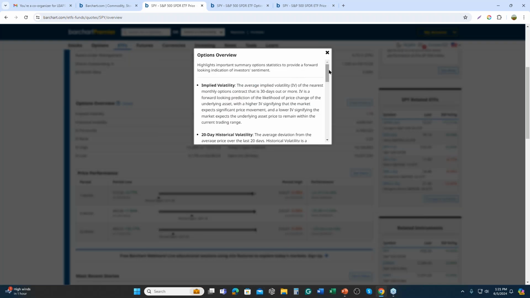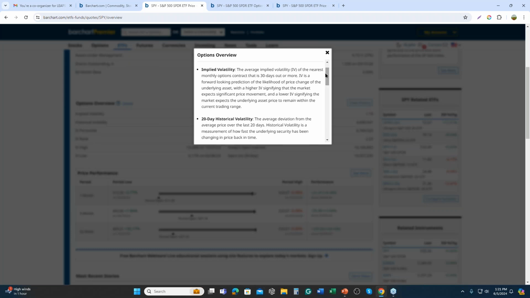So the implied volatility that we see on this page is representative of the nearby monthly contract that is 30 days out or more. In other words, that first monthly expiration that is out 30 days. The historical that we're looking at on this page is reflective of the average over the last 20 days. Again, these might be applicable for a LEAP assessment.